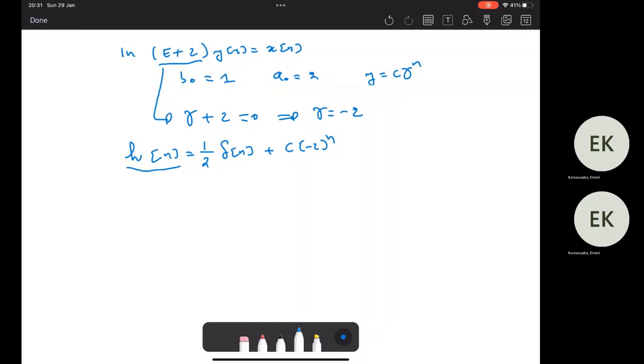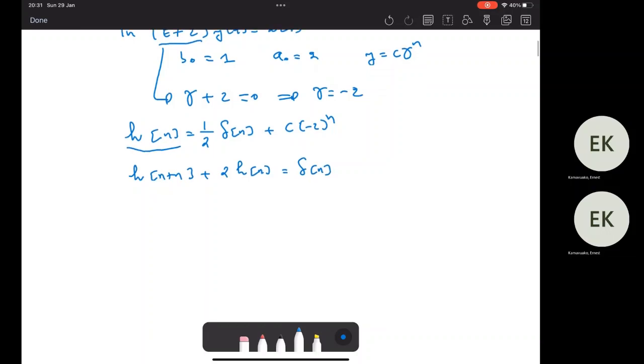In this case, what we've got to do is find either h[0], h[1], and so on. If we look at the original equation and replace y by h, we have h[n+1] plus 2 h[n] equal to delta[n].